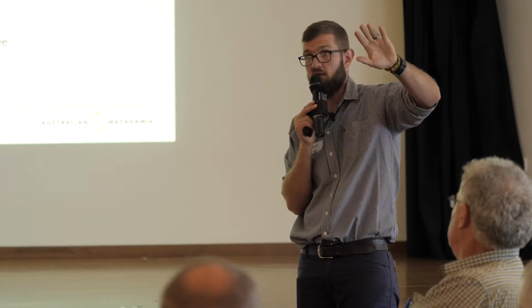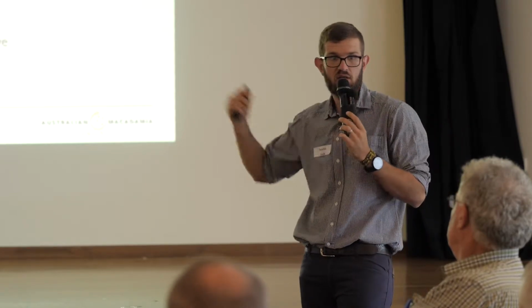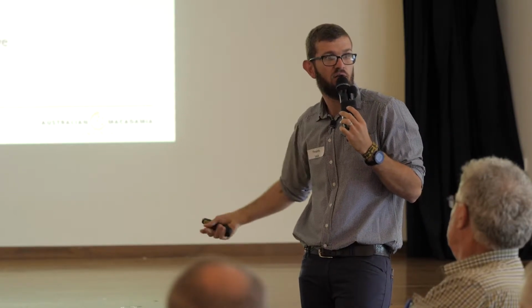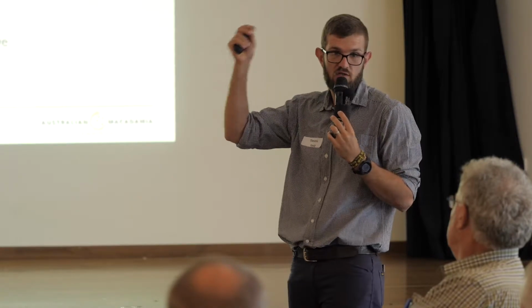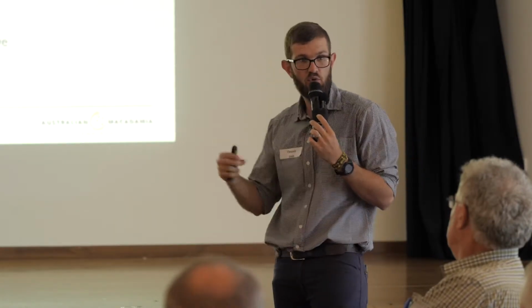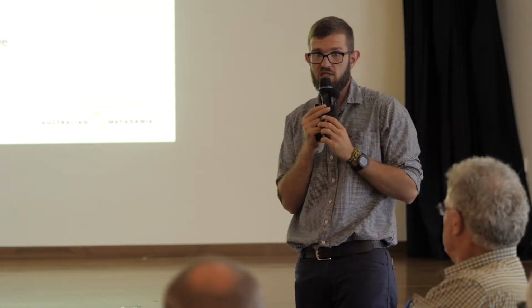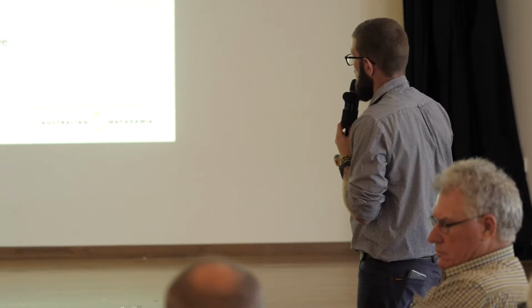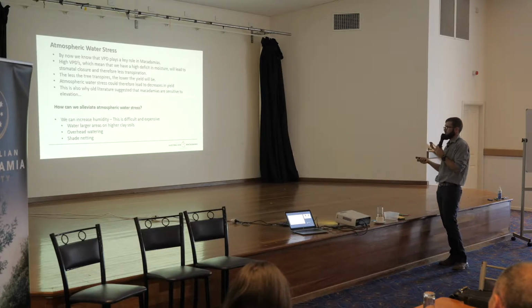But when you go inland to these high vapor pressure deficit environments, the trees don't perform well because it's atmospherically dry. Even if you've got water at the bottom, they won't do well under high vapor pressure deficit environments. Makes sense? So how can we alleviate atmospheric water stress?